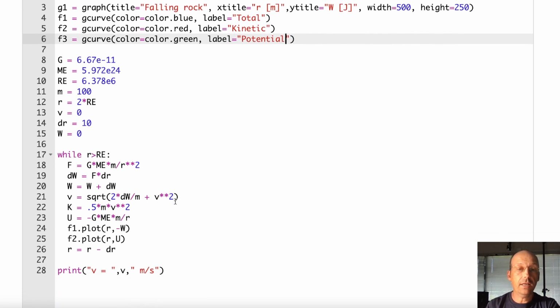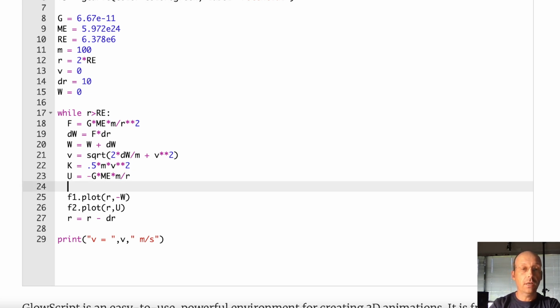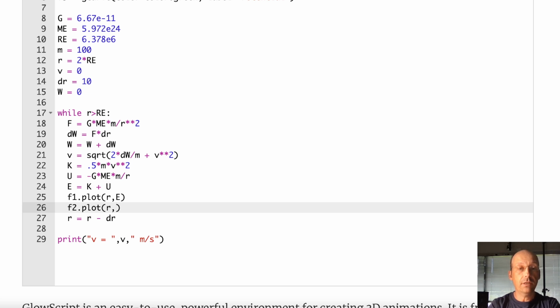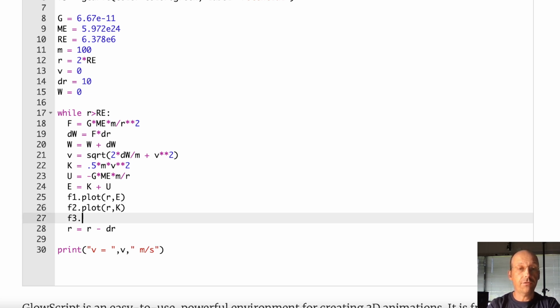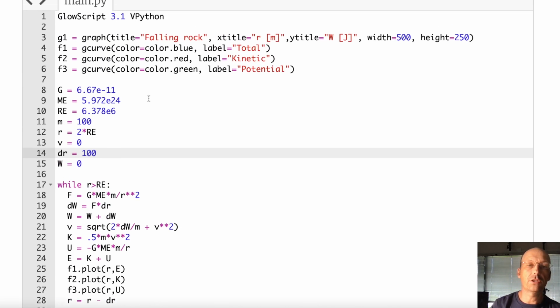Okay, so down here, I have K, I have U. I want to plot K, U, and E. So let's just calculate the total energy. E equals K plus U. And then F1 is the total energy, so it's going to be R and E. F2 is the kinetic energy, so K. And then F3 dot plot is R and U. And let's put this back at 100. I'm trying to think if I should animate it. I don't think I will. Let's just plot it.